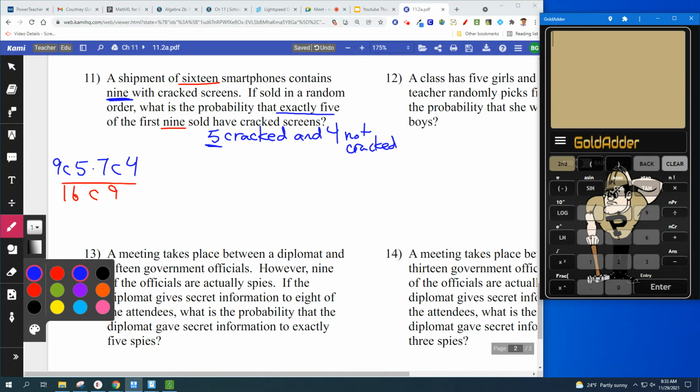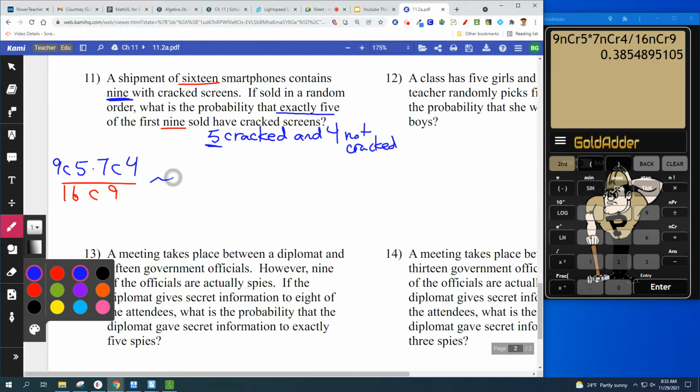So you can actually multiply all this out. 9 choose 5 times 7 choose 4 divided by 16 choose 9. 0.3855. I think that problem is a good problem to show you what's happening. It's kind of the same thing every time.